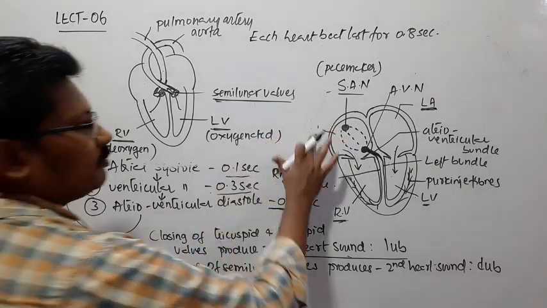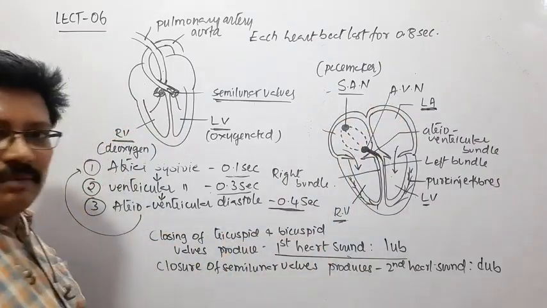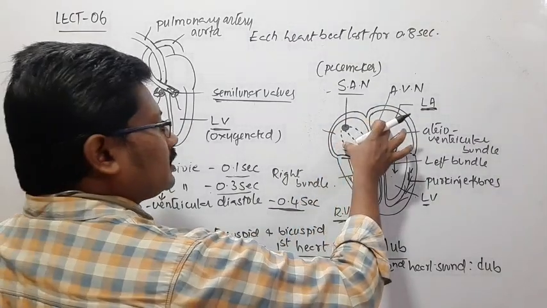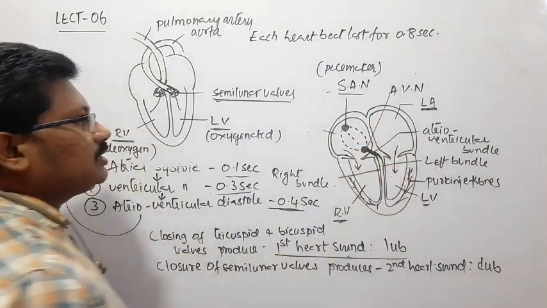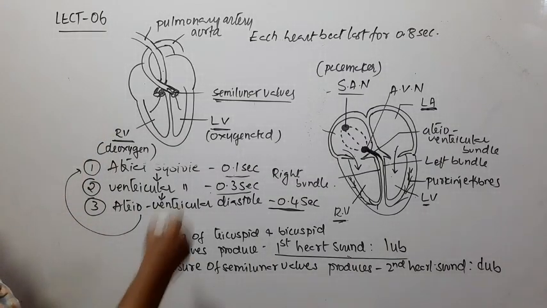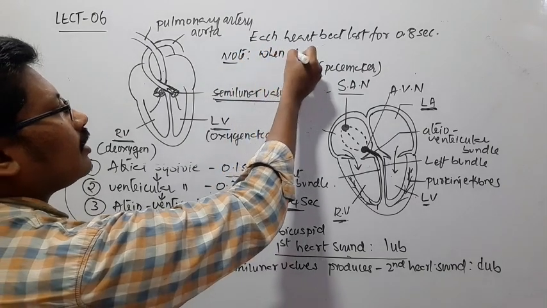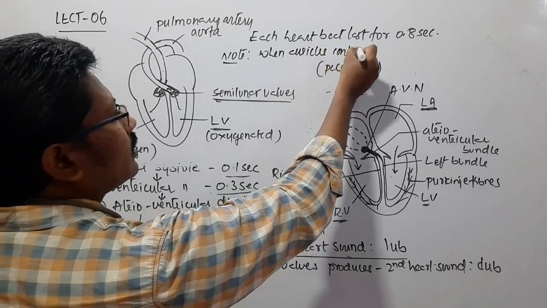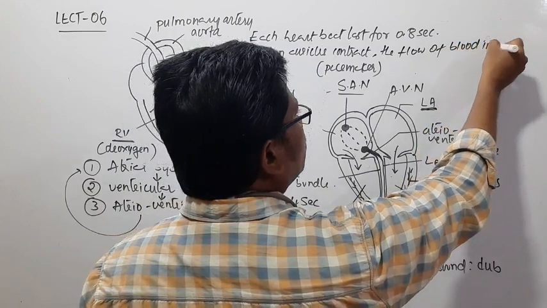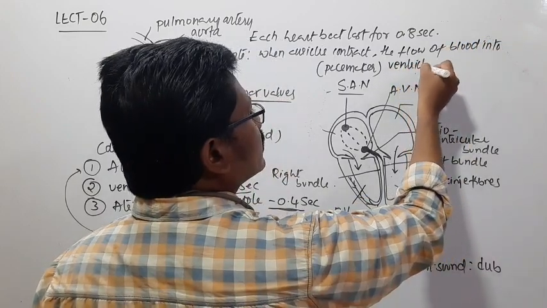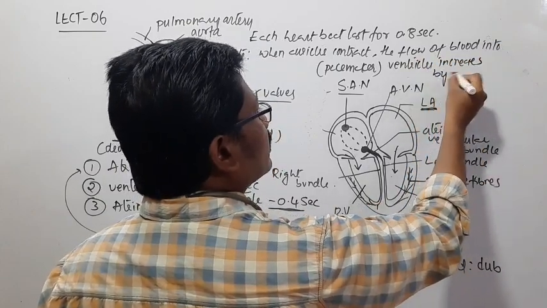Here is one more point: when both auricles contract simultaneously, the flow of blood into the ventricles is increased by 30%.